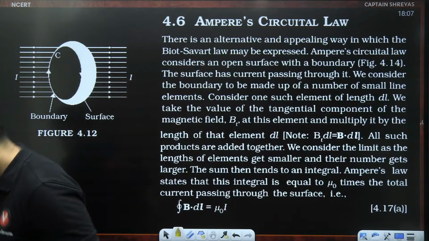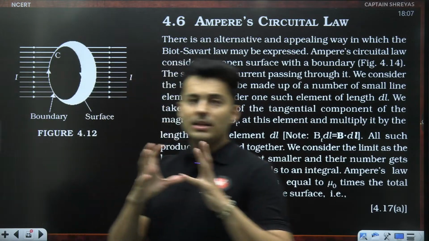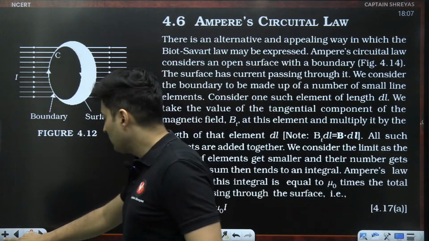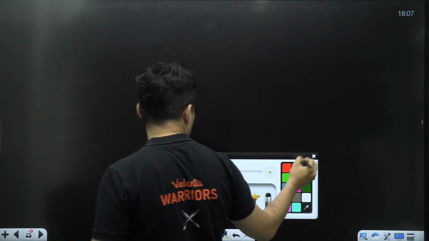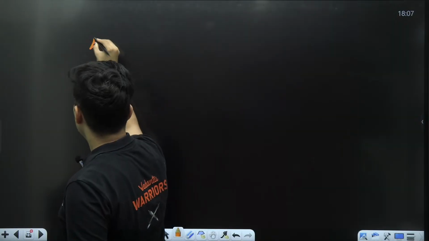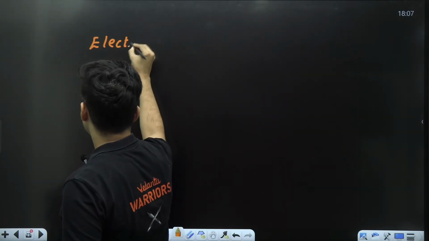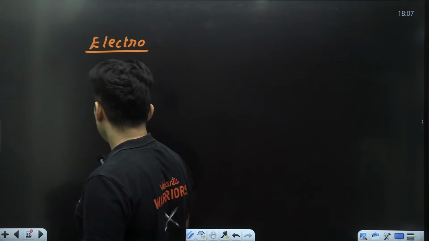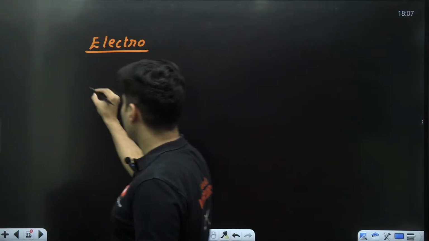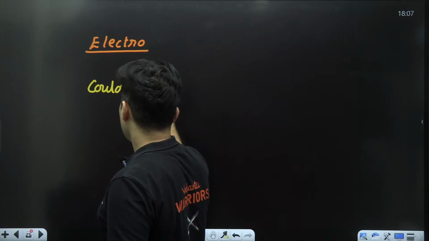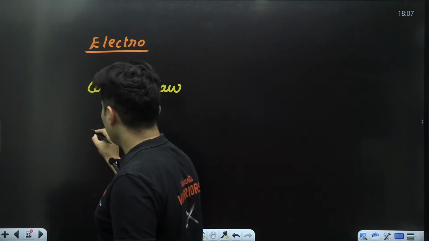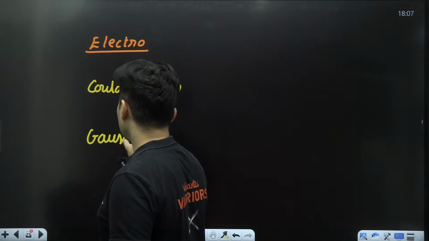Okay, so now, in the chapter of electrostatics, what we had was Coulomb's law, and then we also had Gauss' law.